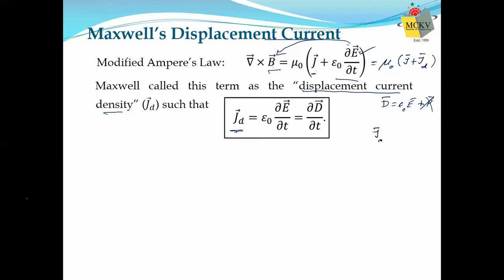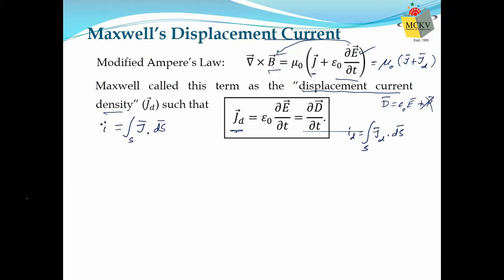If I take the dot product of this JD with the surface element and integrate it over the surface, we get something, and that something is called displacement current. Like in the normal case, if J is our conduction current density, we take the dot product with a small area ds and integrate over the surface S, and we get current.